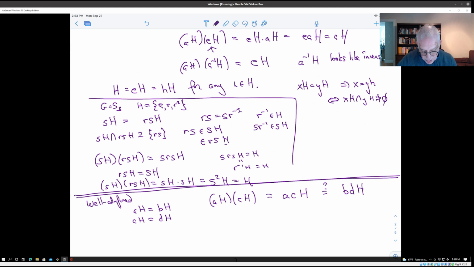So if we want ACH to equal BDH, how can we check that out? Well, we have to use these facts here. So the fact that AH equals BH means that A is B times some element of H. Let's call it H1.